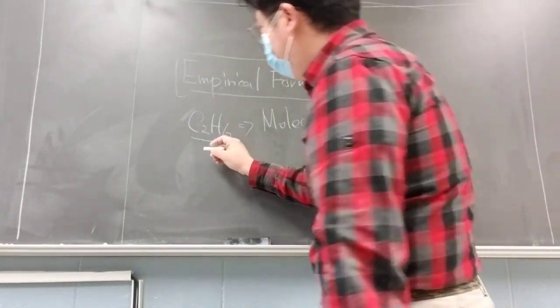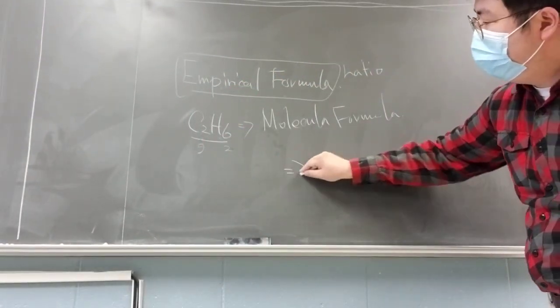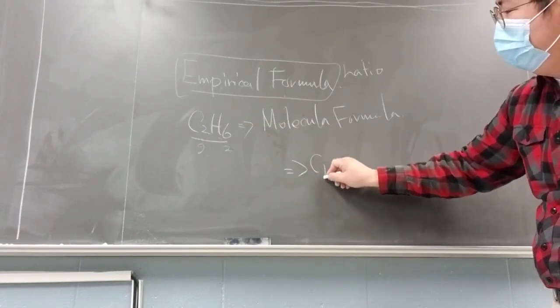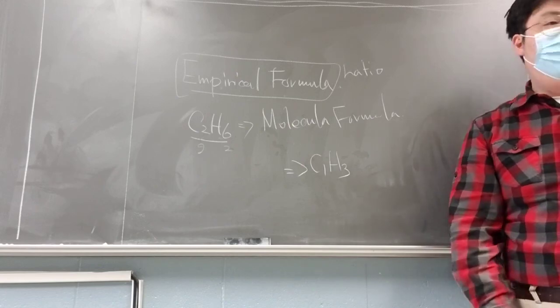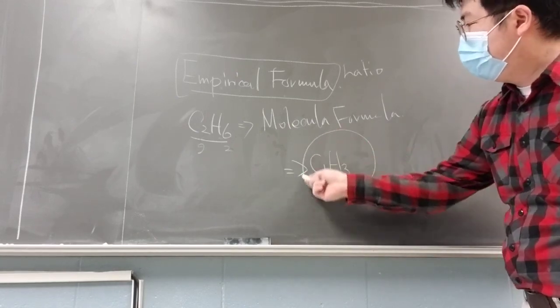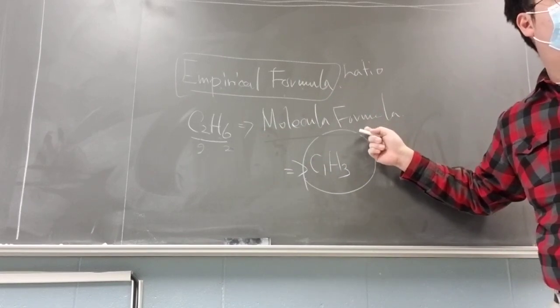Perfect. So if you divide those two numbers by 2, instead of C2 it will be C1, and H3, not 6. And that is the empirical formula of this molecular formula.